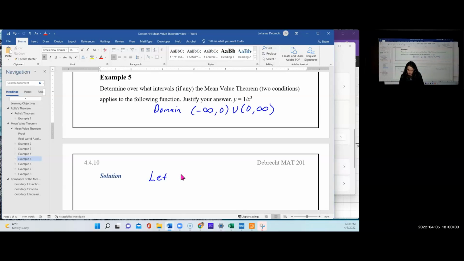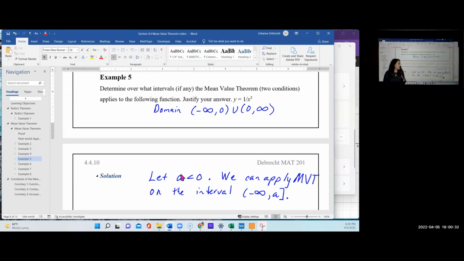So let a be less than 0. Then we can apply the mean value theorem, usually abbreviated MVT, on the interval from negative infinity up to a, closed at a.